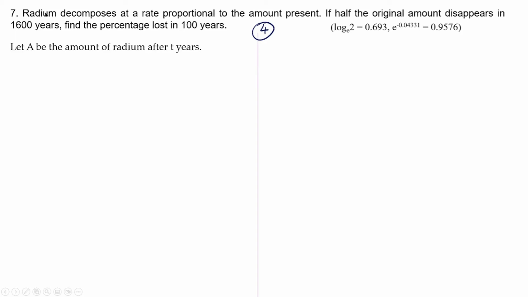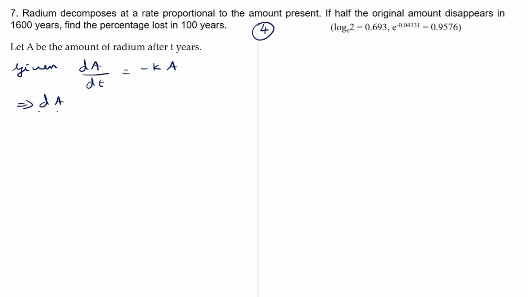Here it is given radium decomposes at a rate proportional to the amount present. Let A be the amount of radium after t years. So dA by dt equal to minus kA.